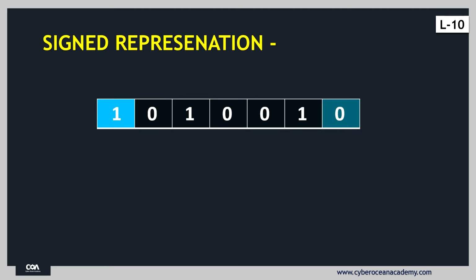The leftmost bit is your MSB, and the first bit from the right hand side, the rightmost bit, is your LSB, that is the least significant bit. There is no role of LSB in sign, because only one bit, the MSB, is reserved for sign, and the remaining bits are used for magnitude. LSB is a part of magnitude.